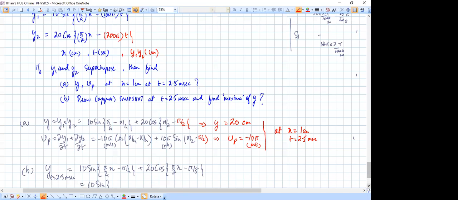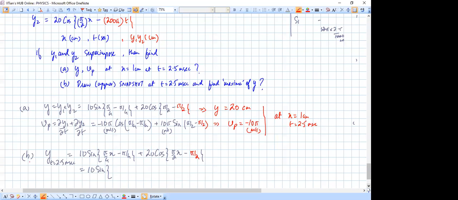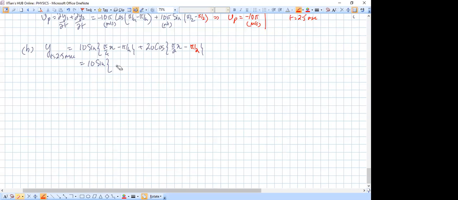So this term has to be pi by 2. Okay. And rather than write it like this, we will now just write this like this.